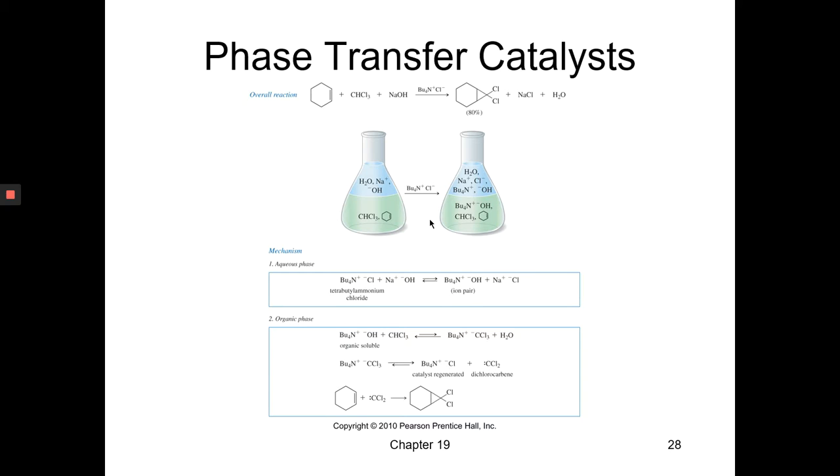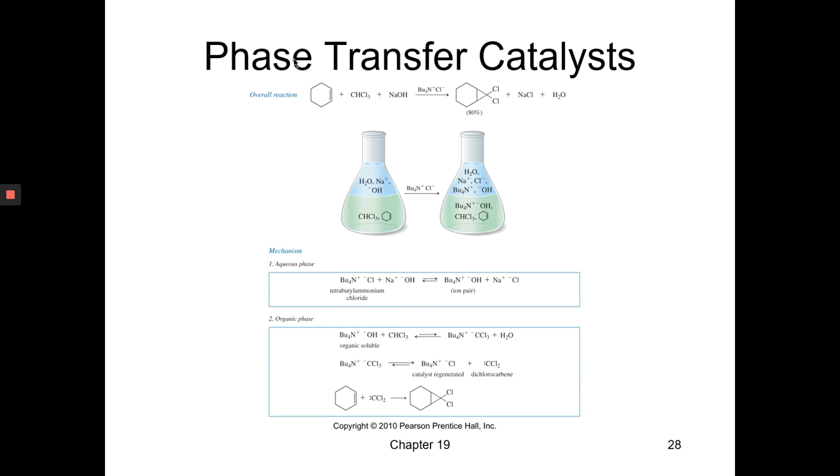Here we have what's called phase transfer catalysis. Back last semester, we talked about the alpha elimination reaction in which we take hydroxide and chloroform, or trichloromethane. This generates a dichlorocarbene, which adds across the double bond.